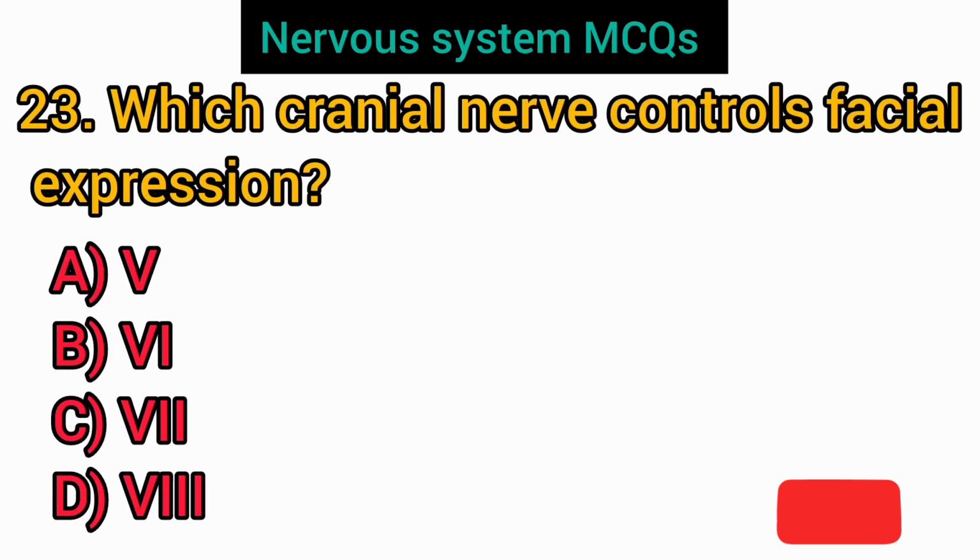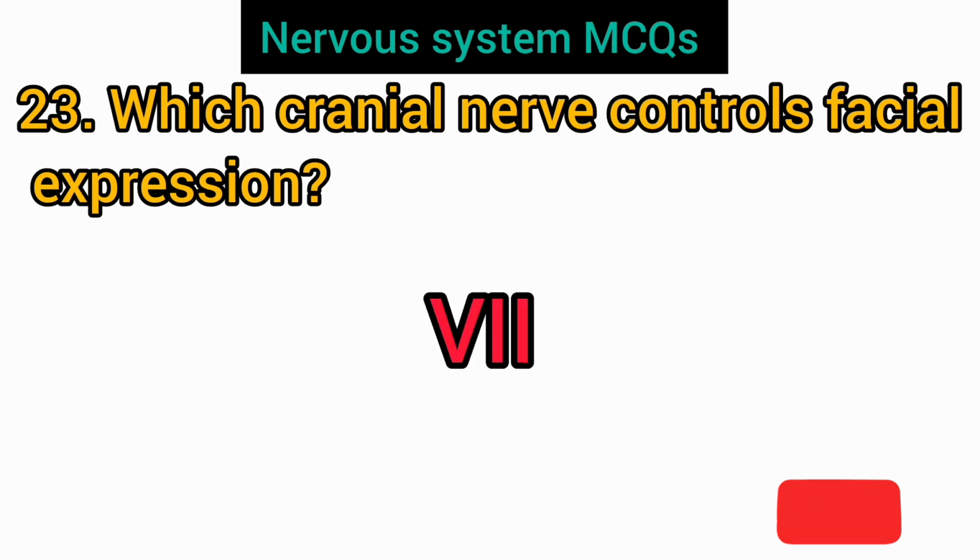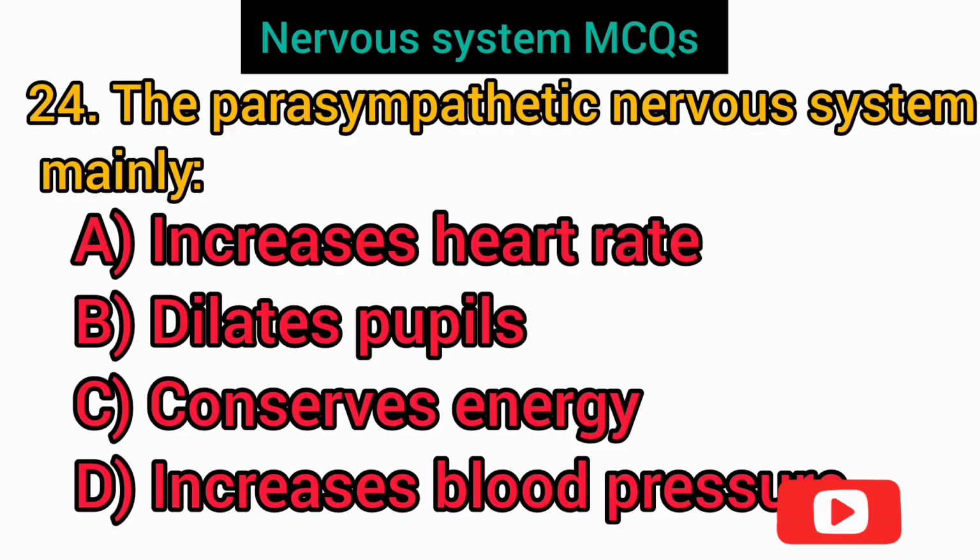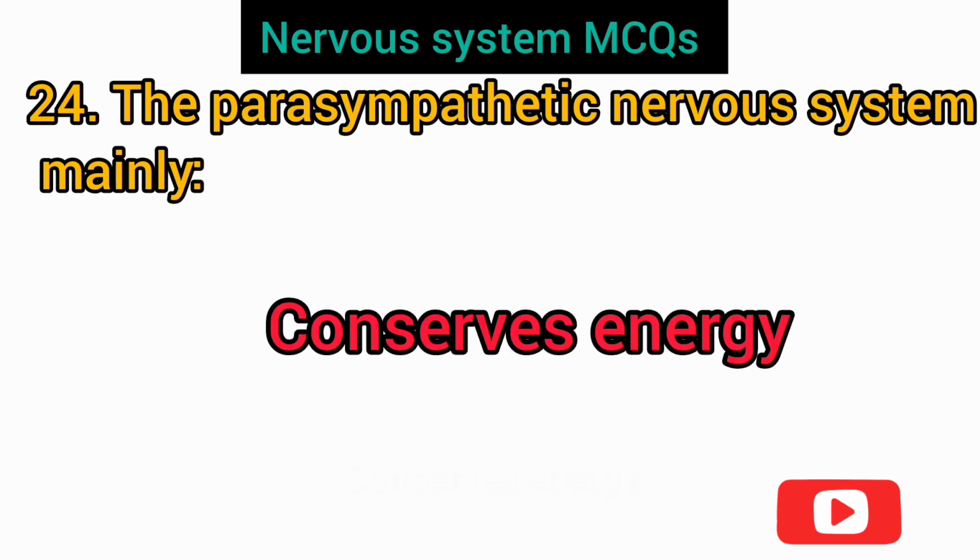Which cranial nerve controls facial expression? Seven. The parasympathetic nervous system mainly conserves energy.